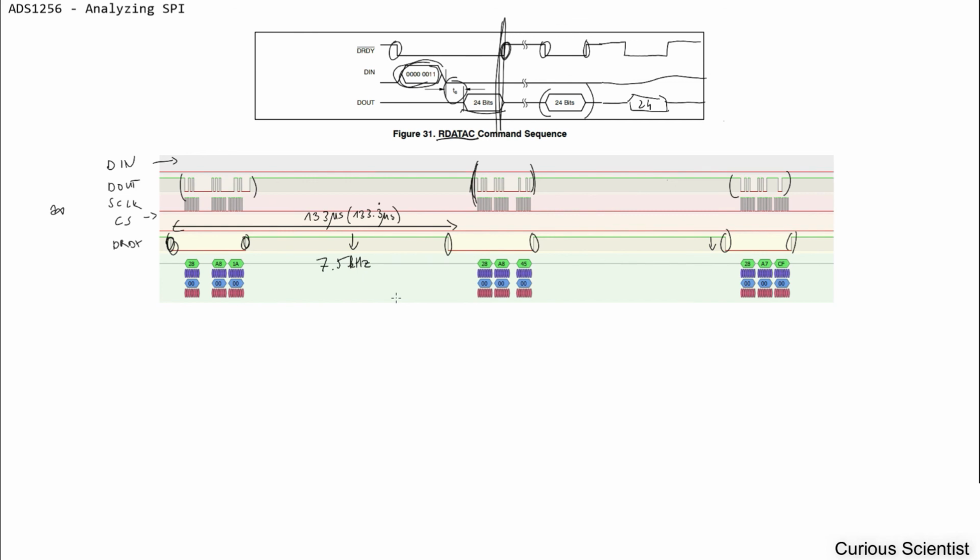I showed you how the SPI communication works on a lower level, and you could see that we can translate the signals to binary and then decimal numbers, and then finally we can convert these numbers to voltage values, so we can actually use this AD converter for the intended purpose.